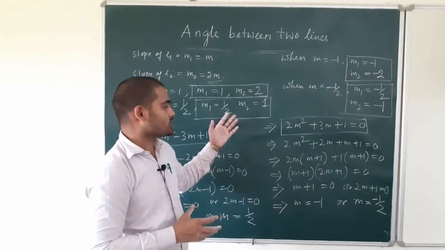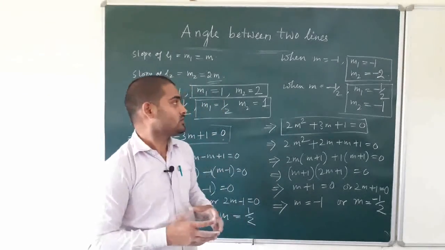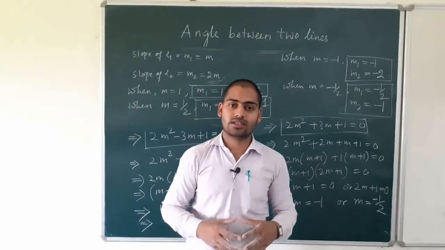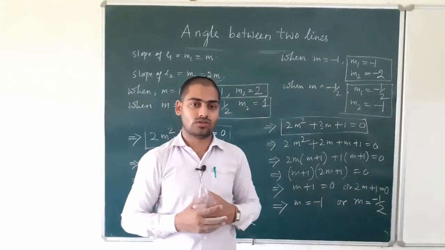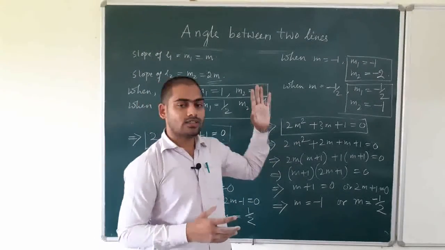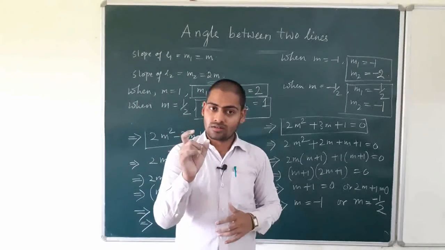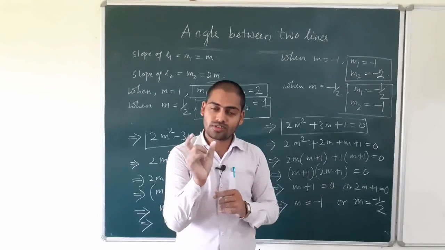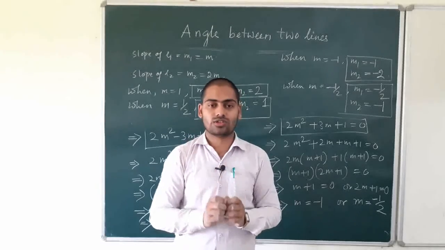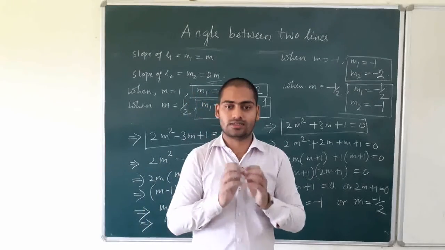If the angle is given and one slope is given, then you can find the other slope. Or if the angle is given and the relation between the two slopes is given, then also you can find the slopes of the lines.